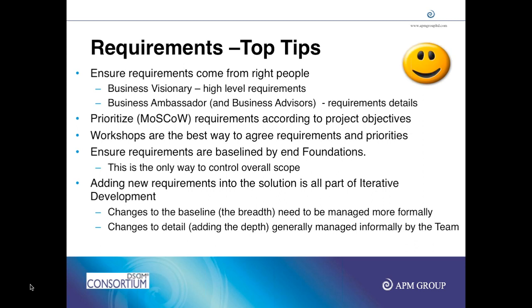Make sure that the visionary is informed about any changes, any impact to high level requirements, that is, the ones marked as MoSCoW. Business ambassadors or advisors provide you with important functional and non functional information about the should have, could have, or even for must have. But they can't make decisions about must haves. They must consult the visionary for them.